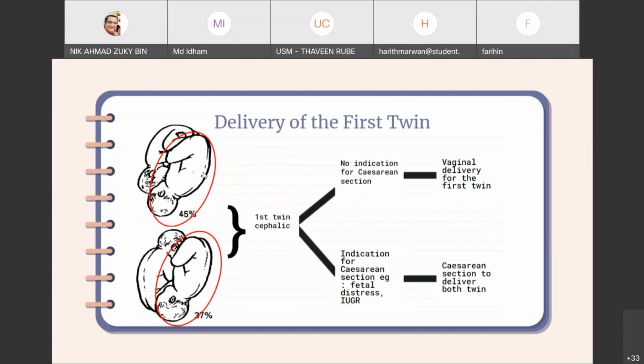If the first twin is cephalic and there is no indication for cesarean section, normally vaginal delivery will be preferred for the first twin. But if the first twin is cephalic but has an indication for cesarean section, for example fetal distress or intrauterine growth restriction, normally cesarean section will be the mode of delivery for both twins.